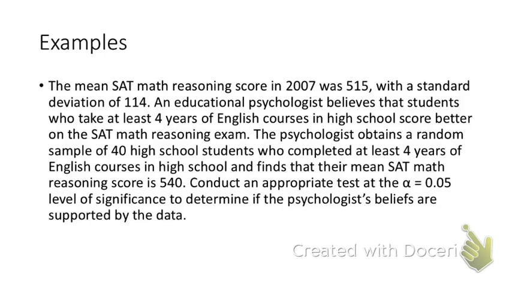The mean SAT math reasoning score in 2007 was 515 with a standard deviation of 114. So here it gives me the standard deviation in the first sentence of the problem. And if you keep reading, they took a sample of 40 students and found that the average was 540. Conduct an appropriate test. So we've got three numbers: 515, 114, and 540.